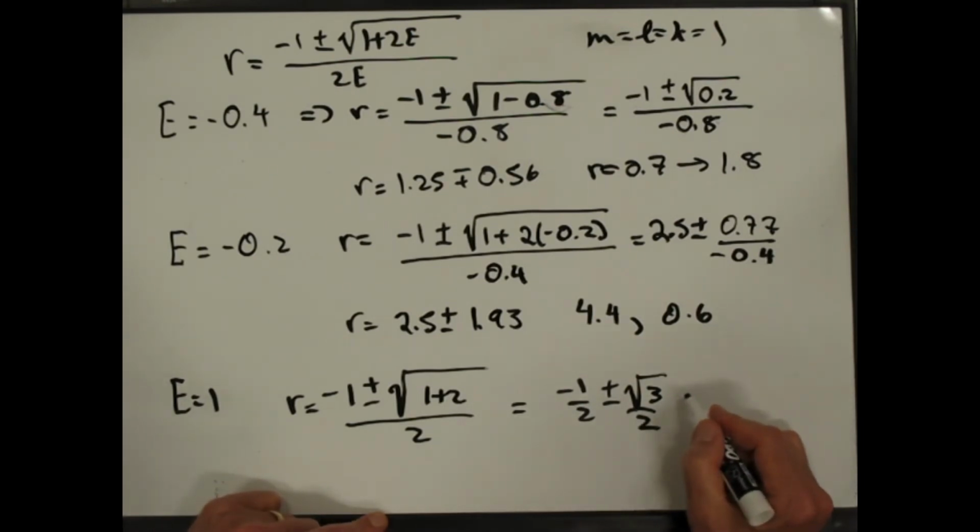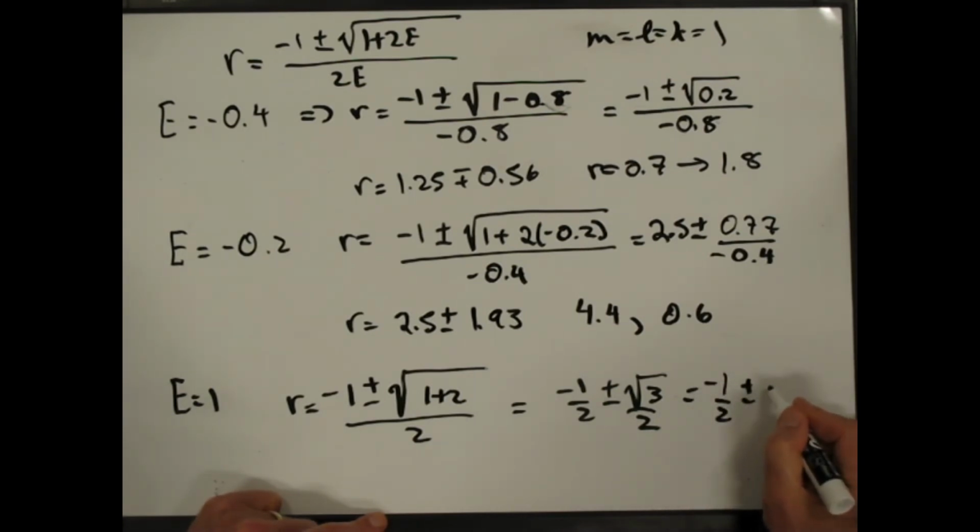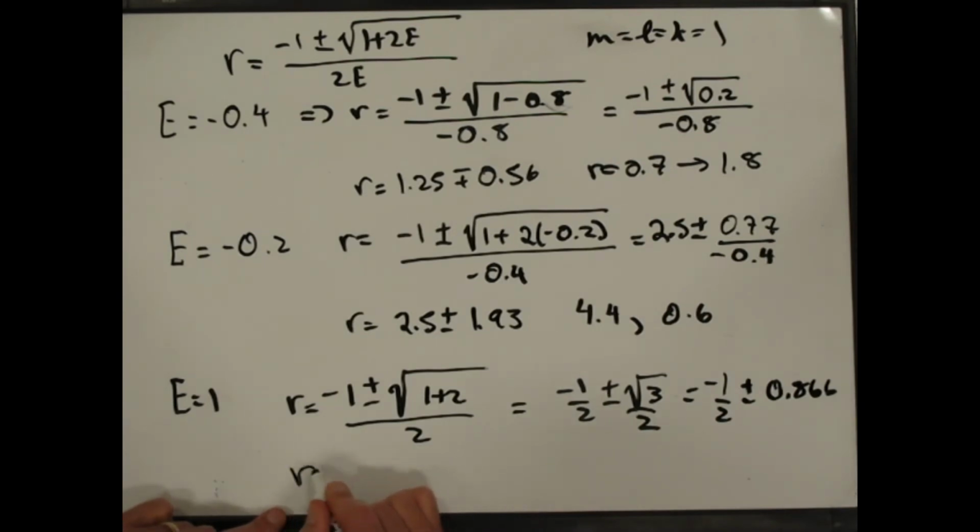And that gives us r equals 0.36 and minus 1.36.